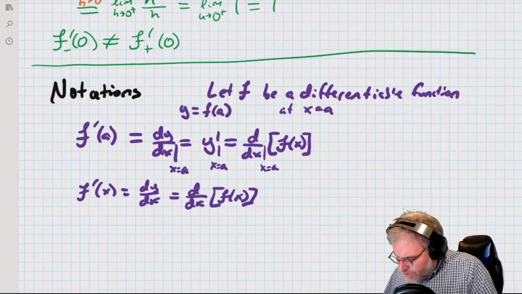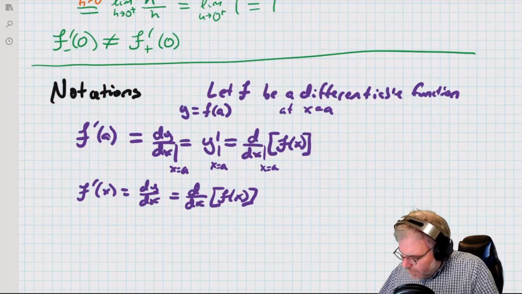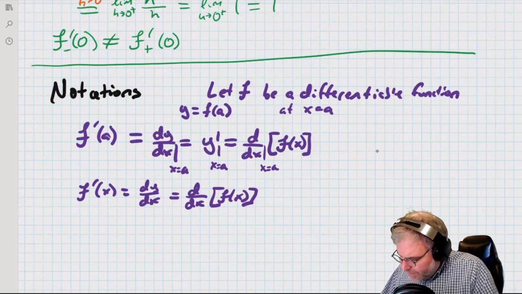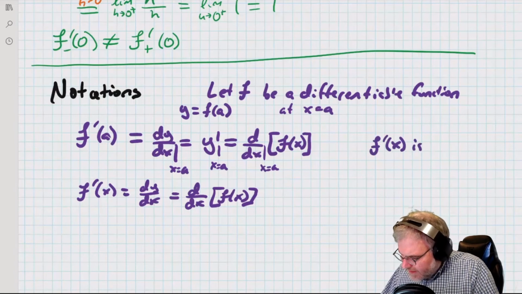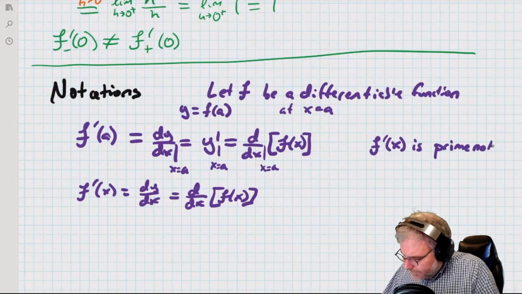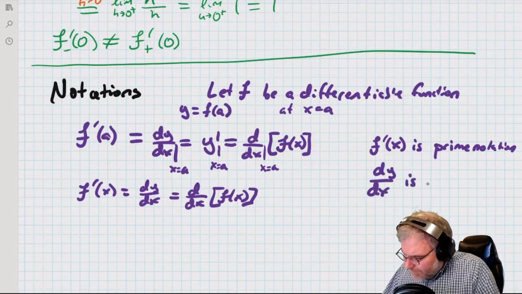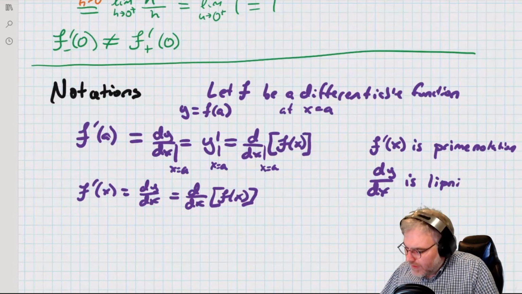So, in general, f prime of x is prime notation. dy over dx is Leibniz notation. Oh, I can't spell his name.